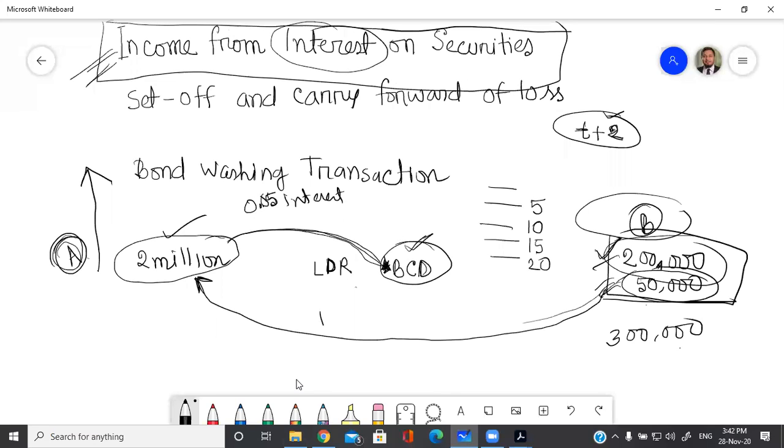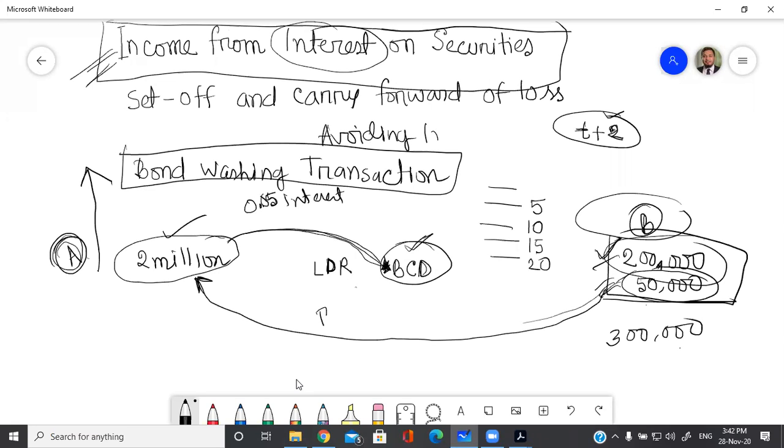This kind of transaction is known as a bond washing transaction. For what purpose? To avoid taxes on interest income.